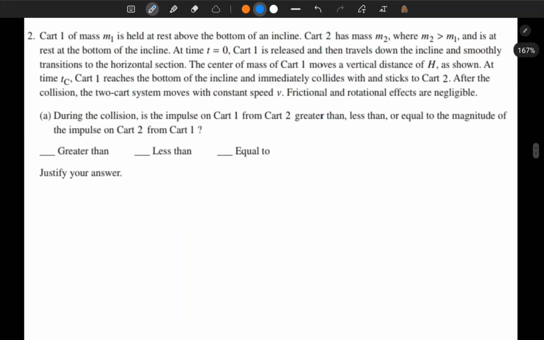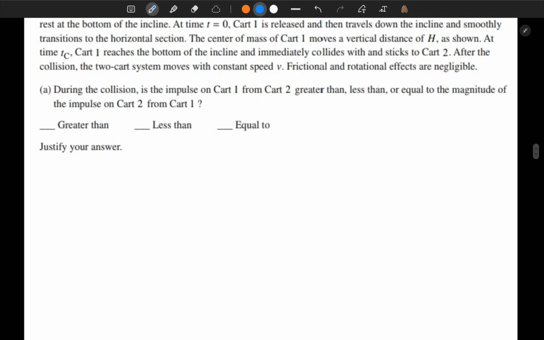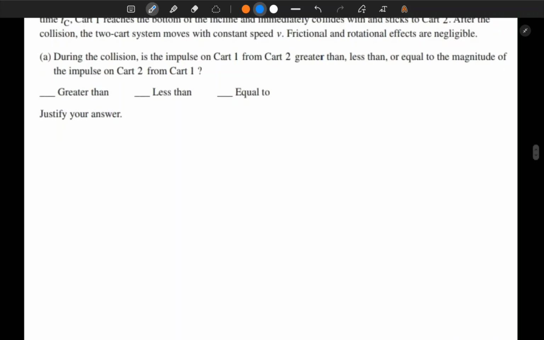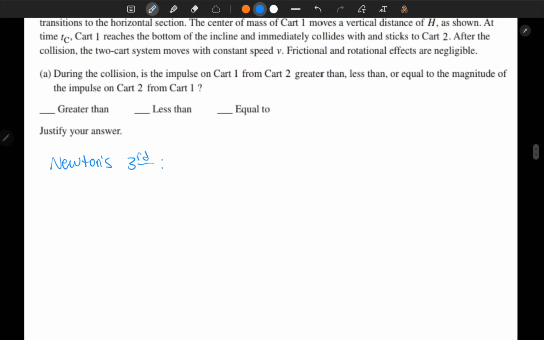During the collision, is the impulse on cart 1 from cart 2 greater than, less than, or equal to the magnitude of the impulse on cart 2 from cart 1? To answer this question, we consider Newton's third law. Newton's third law says something about equal and opposite forces.